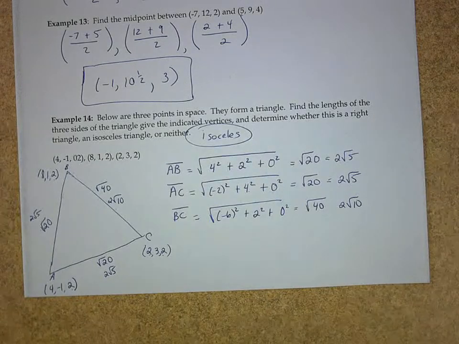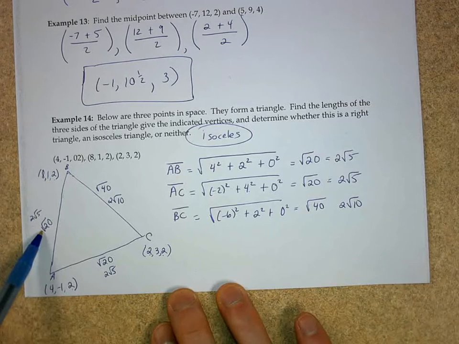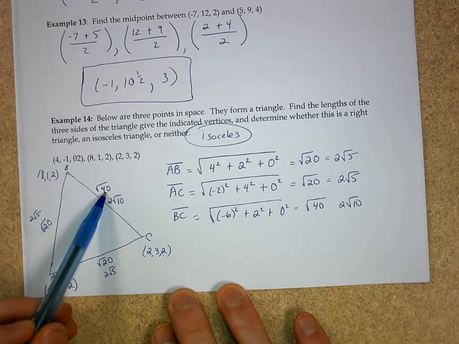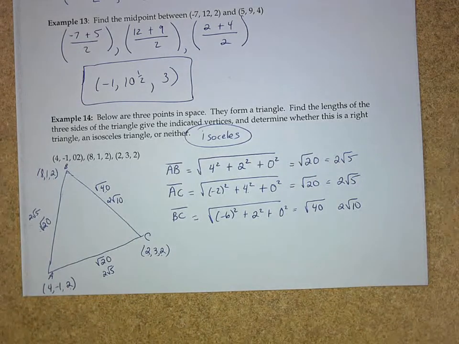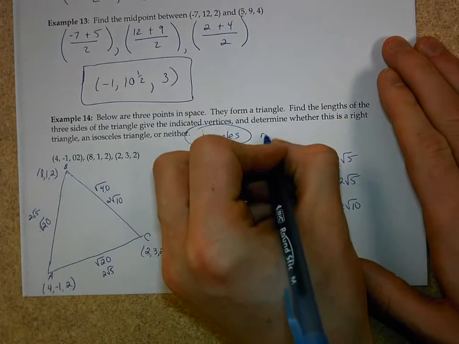But I also have another relationship, and it's the fact that both of these are the same, and then this guy right here is times the square root of 2. And the relationship that you have with that is that if you've got two sides that are identical, and then the other side is square root of 2 times those legs, that's a right triangle.